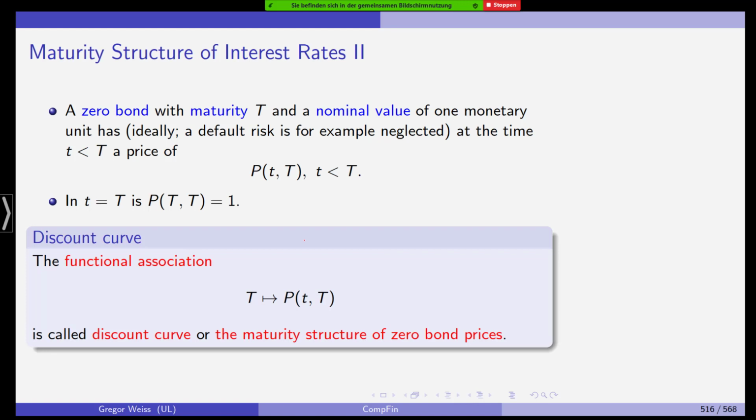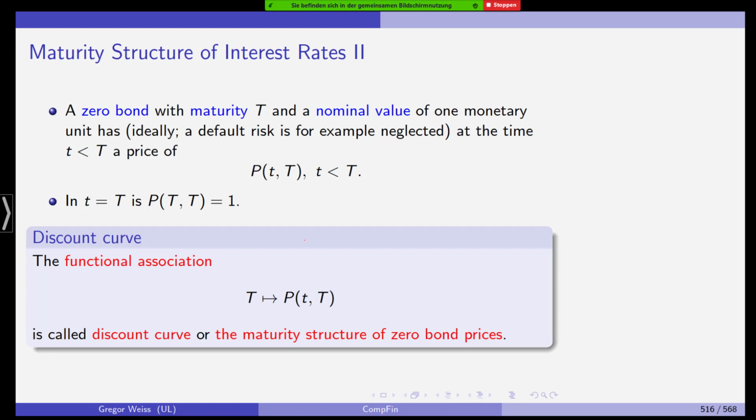The zero bond with a maturity T and a nominal value of 1 monetary unit has, if we can neglect default risk, which is the usual setting, at least for most countries, at the time t being smaller than capital T, a price of P(t,T), depending on small t and capital T. And at maturity, the price is 1, because you know that at maturity, you're getting repaid 1 monetary unit, so the price has to be 1.